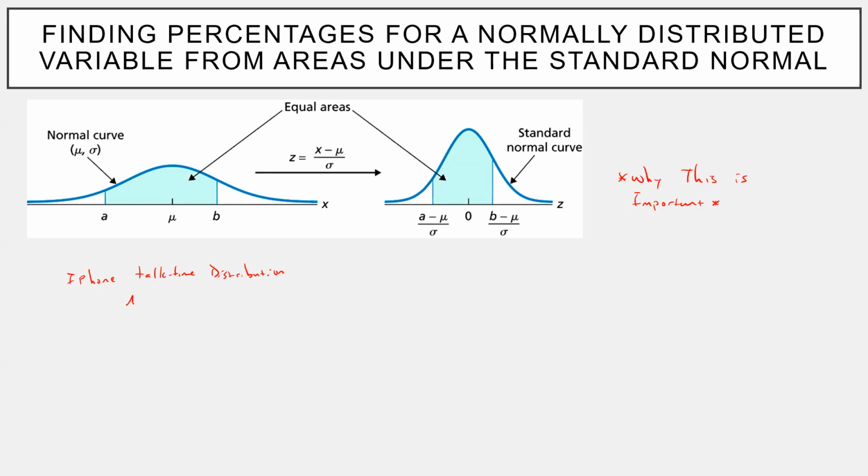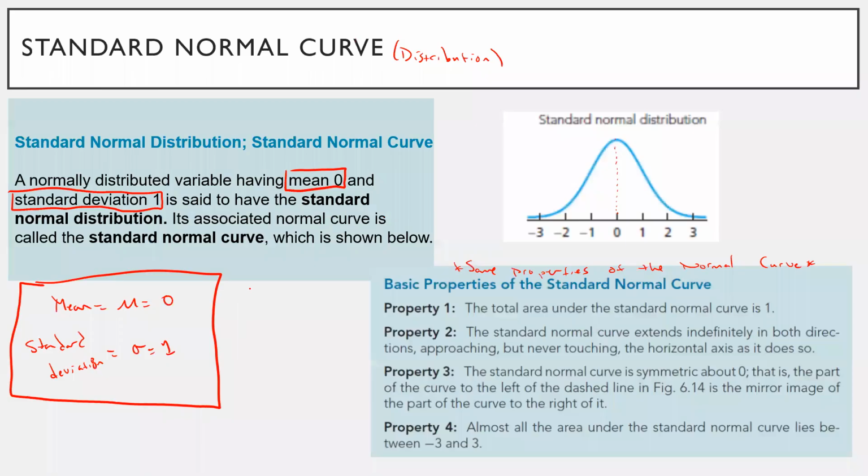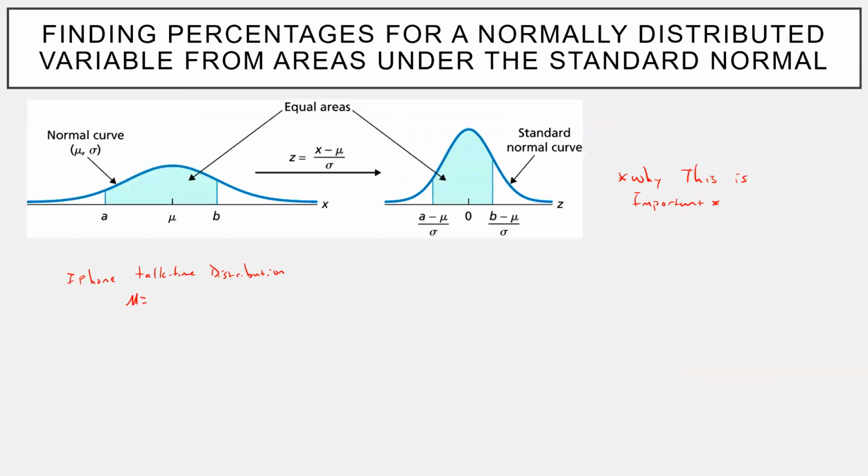Does anybody remember what the mean talk time was for the iPhone? For the first one, it was 30. That was commute times, I'm sorry. So 20 hours, yeah. And does anybody remember what the standard deviation was?